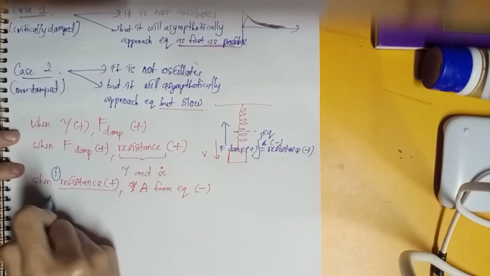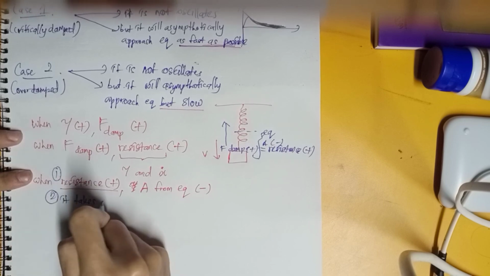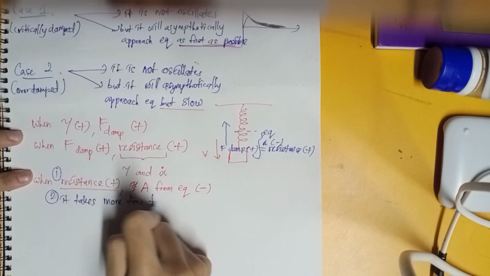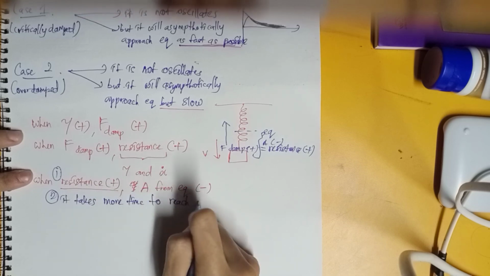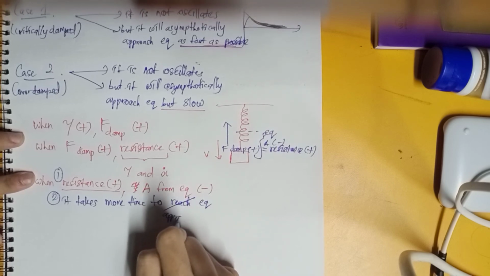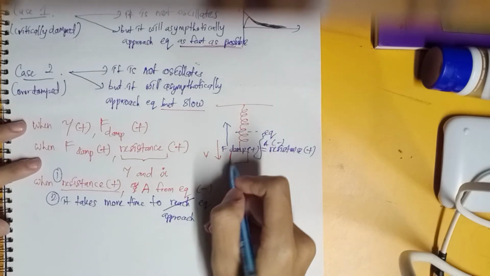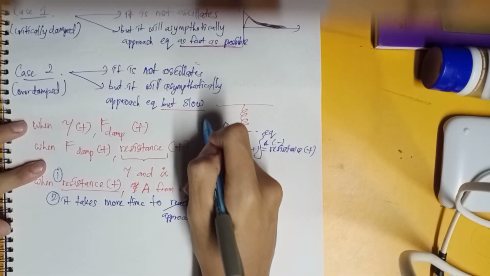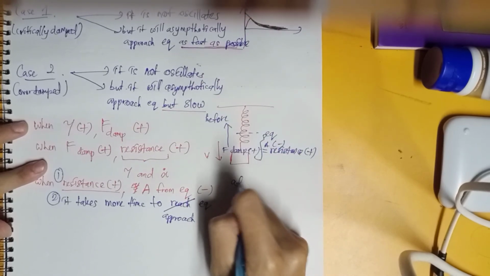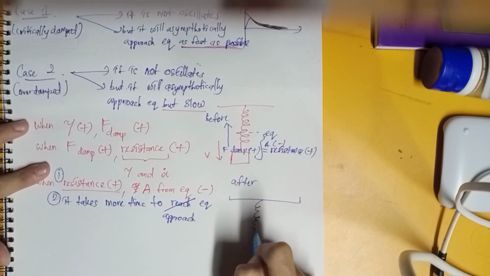At the same time, it takes more time to reach equilibrium. Why? Because this is before. Now let's look at after. We have a sink here and a spring here.